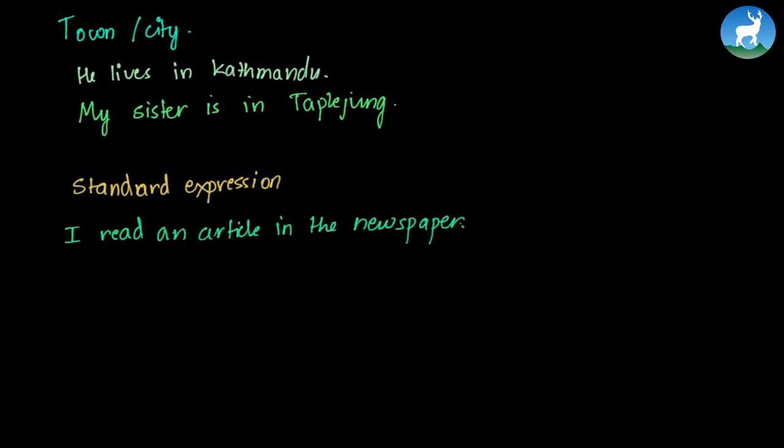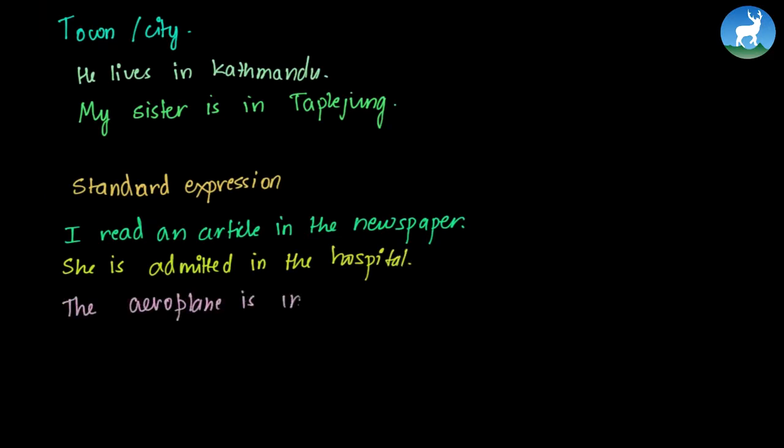I read an article in the newspaper. Or we can say, she is admitted in the hospital. We can say, the aeroplane is in the sky. We can also use in with photographs. My parents are in the photograph.